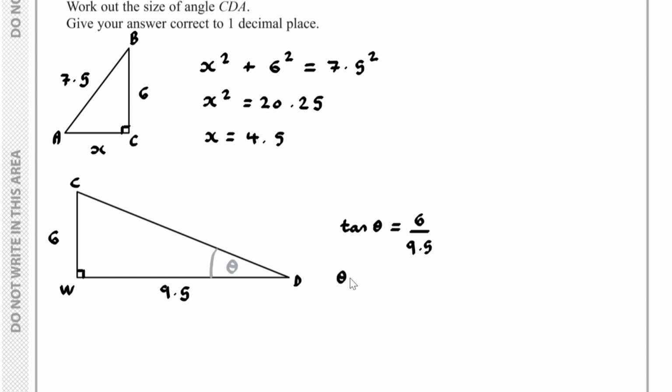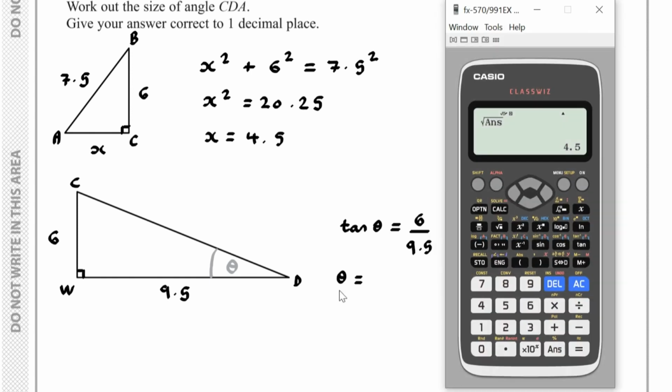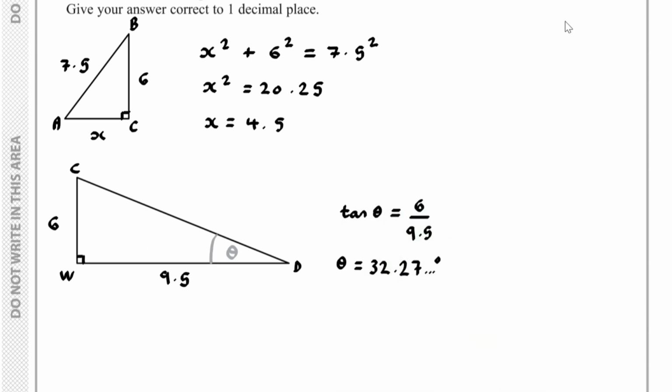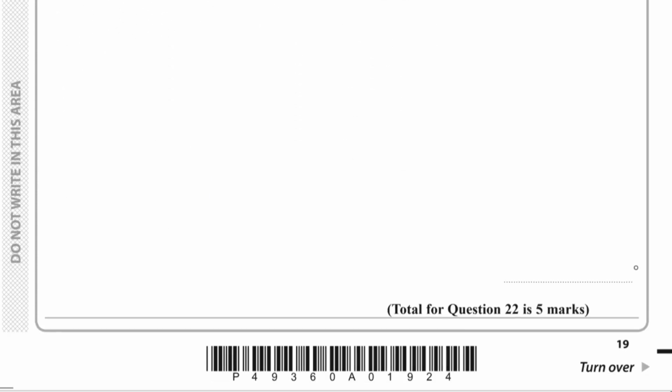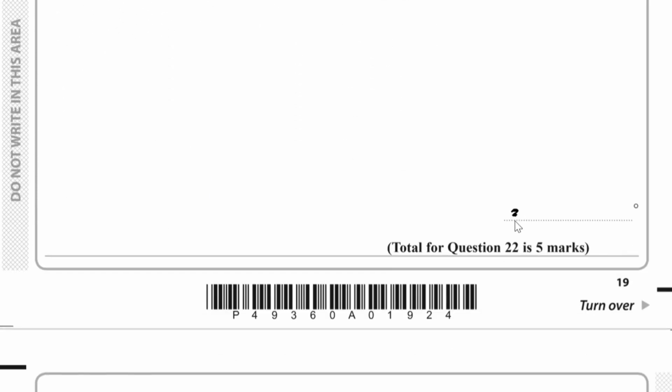So from this we can find out what theta is. The inverse tangent of 6 over 9.5 is 32.27 degrees. So to 1 decimal place we have 32.3 degrees, given to 1 decimal place.